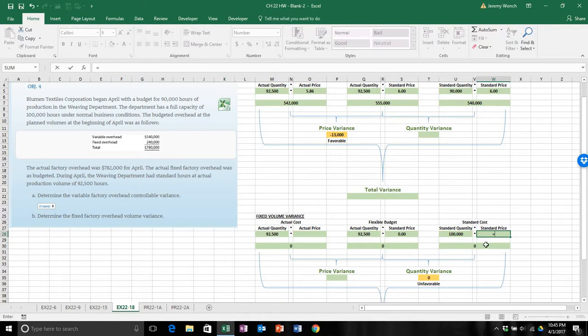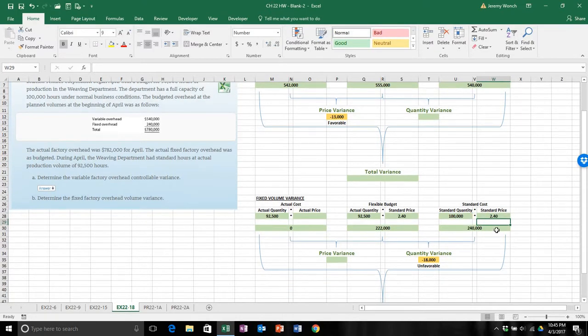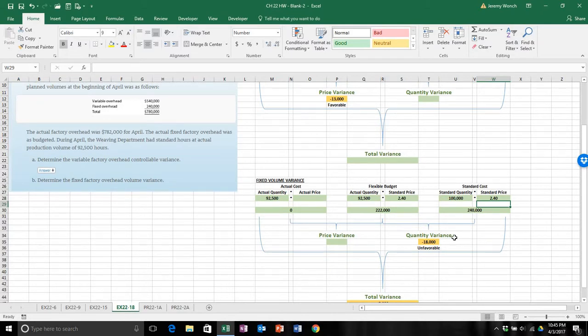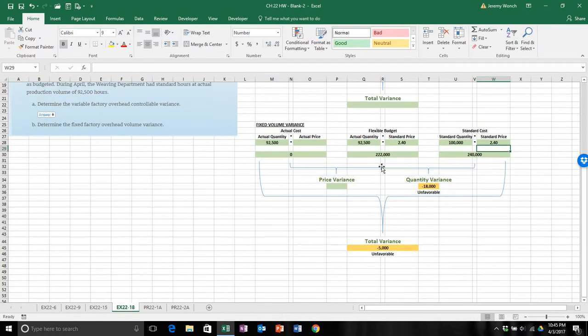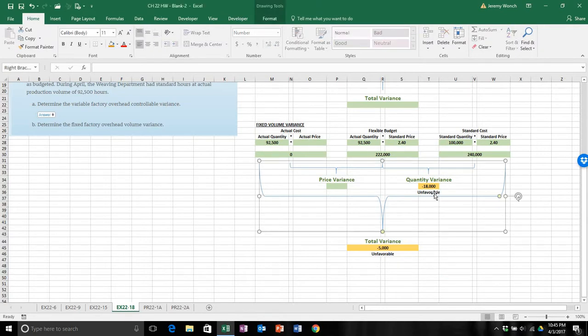Our price per hour is our fixed cost, 240,000, divided by our quantity of hours, so we have $2.40 per hour of capacity. For the flexible budget, we have 222,000 minus 240,000, so we have a negative 18,000. That is unfavorable.